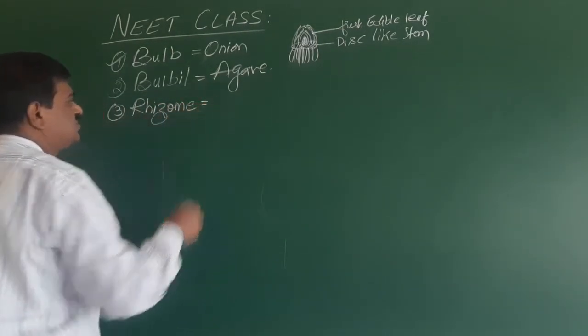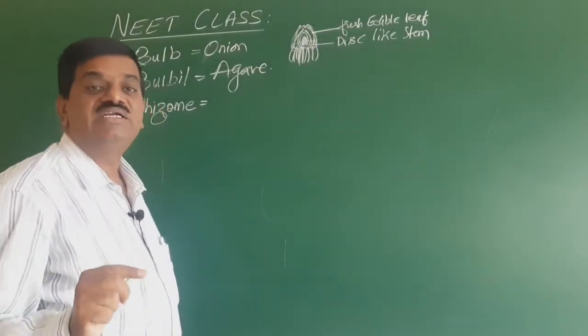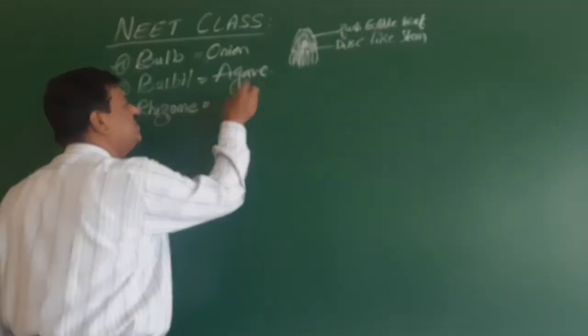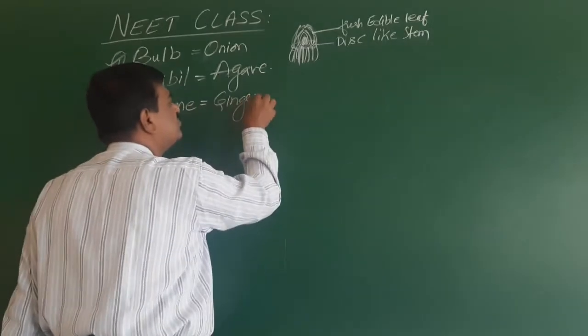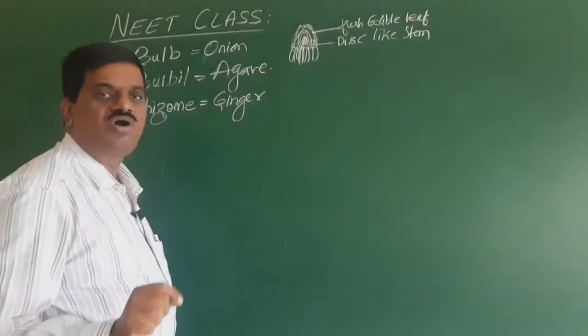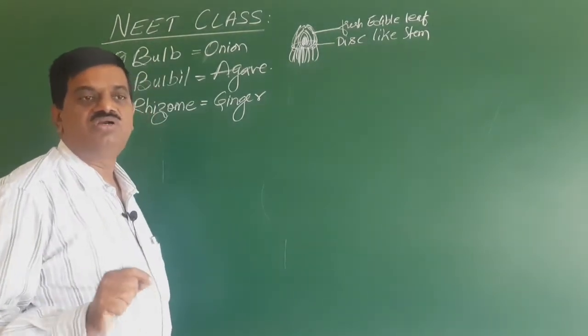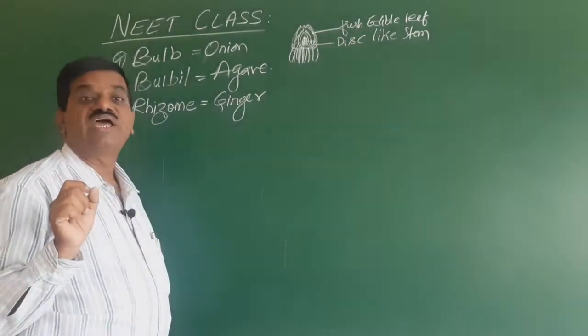The third one is rhizome. Here it is again an underground stem. You can see this in ginger, Zingiber officinale, where there is a presence of rhizome.